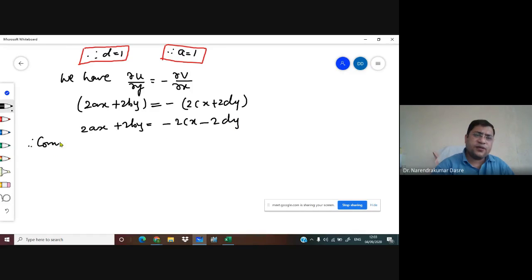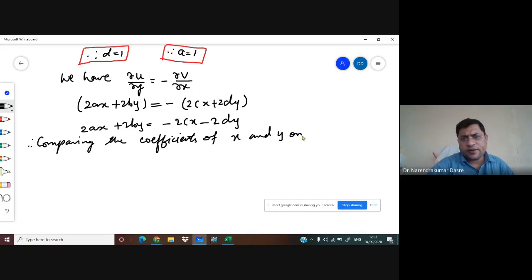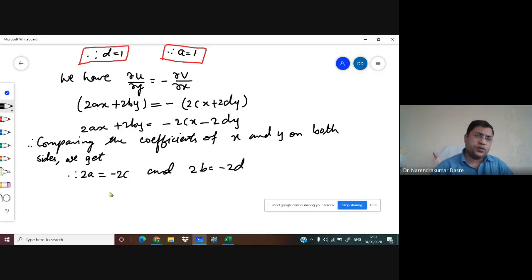And hence again we can say, comparing the coefficients of x and y on both sides, we get 2a is equal to minus 2c and 2b is equal to minus 2d.